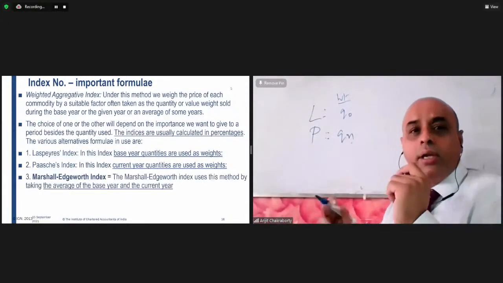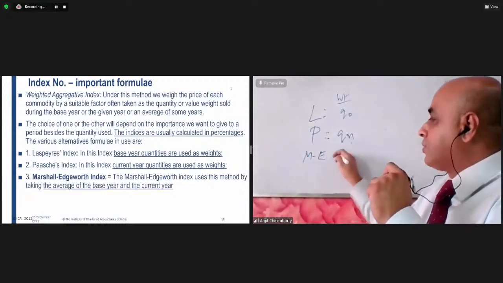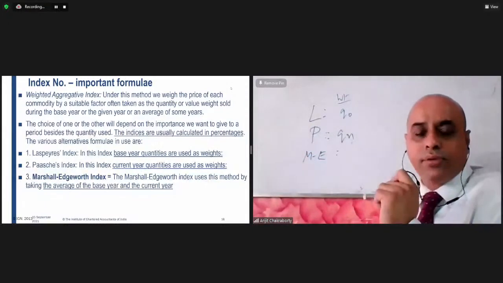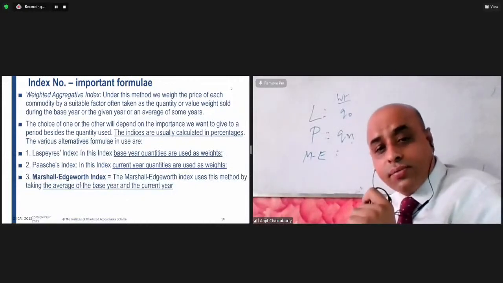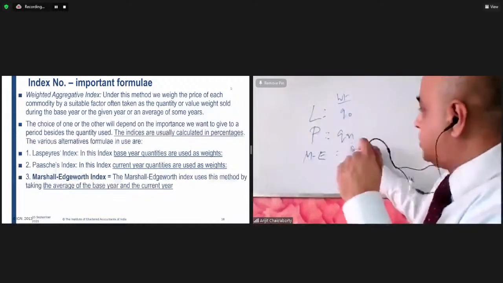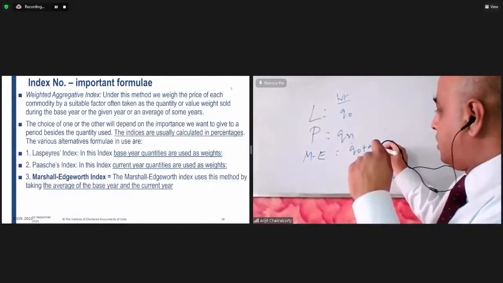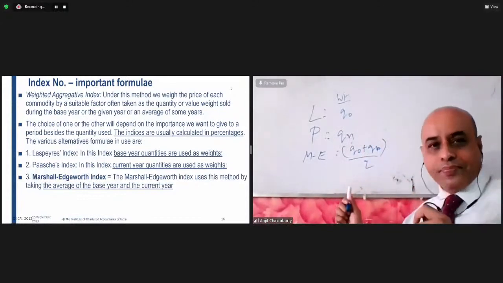The Marshall-Edgeworth index, I'm writing ME. The third index, Marshall-Edgeworth index. Please note, this uses the average of the base year and the current year quantity. So I can write Q0 plus Qn divided by 2. This gives me the average.